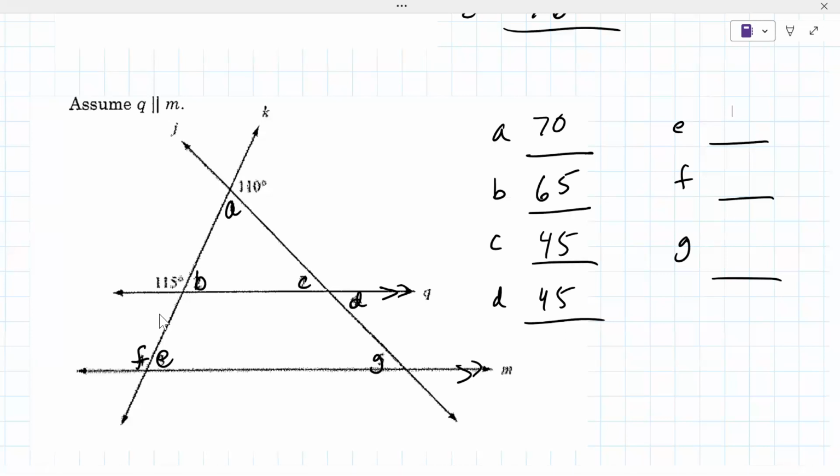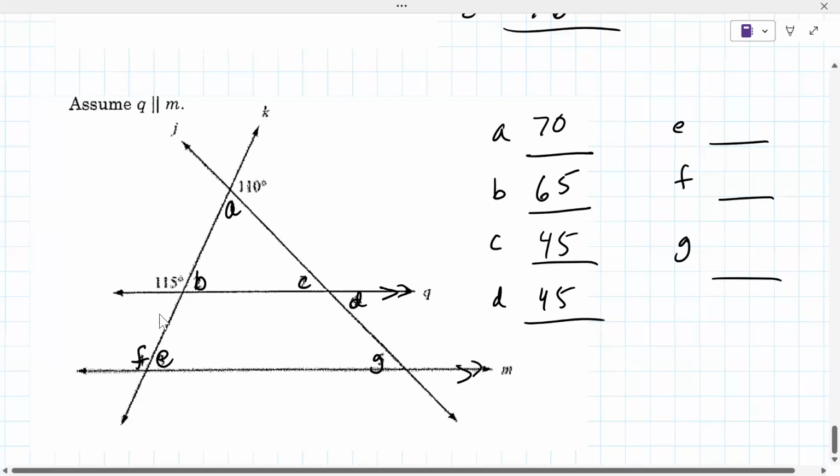All right, so E equals 115, and F equals 65. They're corresponding. Corresponding means they're congruent. So are they the same? Yes, congruent means they're the same.